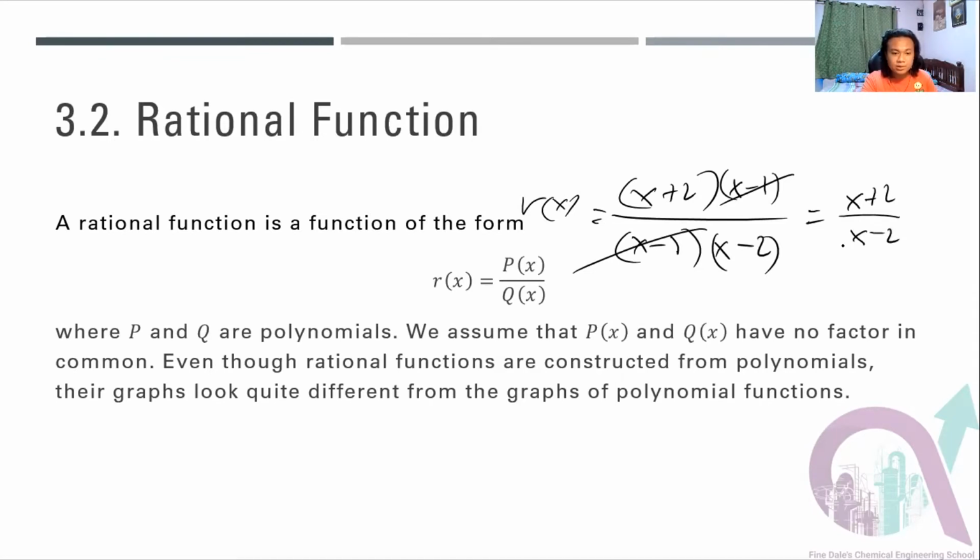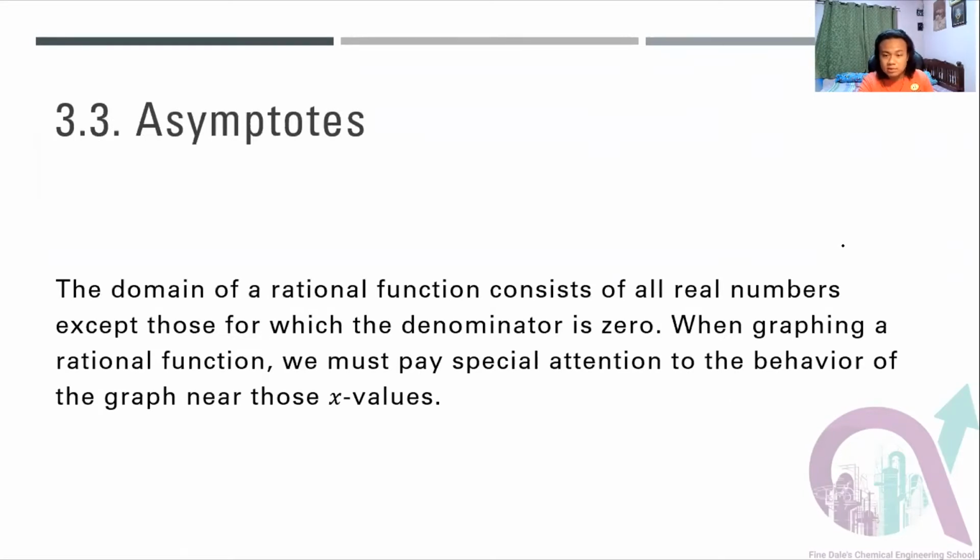Asymptotes. The domain of a rational function consists of all real numbers except those at which the denominator is 0. You will see this in the graph as broken lines. That's a vertical asymptote, and this is a horizontal asymptote.